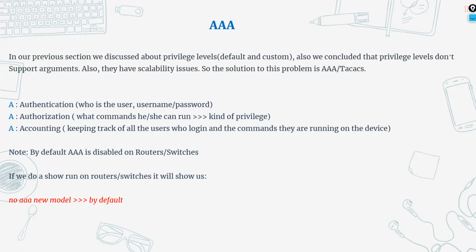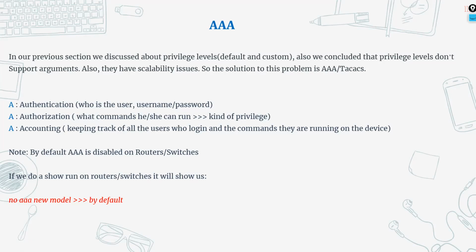Who is the user, at what time that particular user logged into the device, what are the commands that he or she ran on that particular device. So basically we are doing the accounting of the login plus the commands that a user is running on that particular device. By default, AAA is disabled on our Cisco routers and switches.